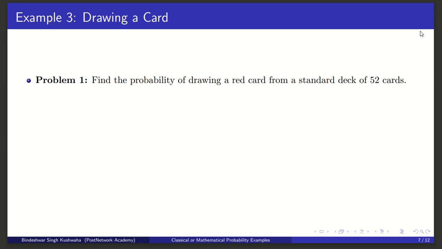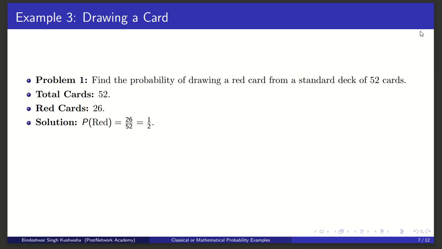Drawing a card. Find the probability of drawing a red card from a standard deck of 52 cards. There are 52 total cards and 26 red cards. So getting a red card would be 26 upon 52, and that is half.